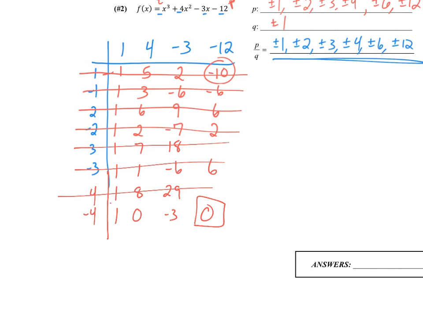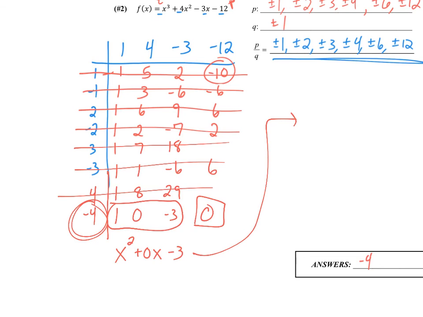So we're going to use these numbers and write out x squared plus 0x minus 3. So one of our zeros is negative 4. We take this equation to find the other zeros. So we have x squared minus 3 equals 0.